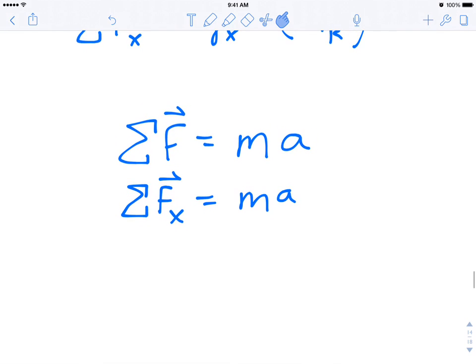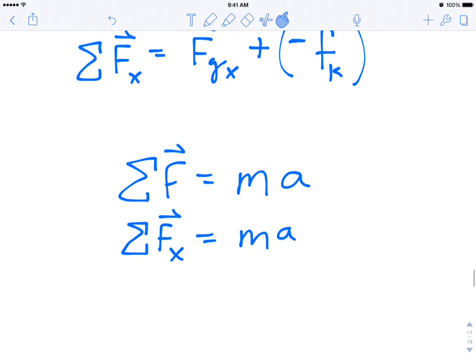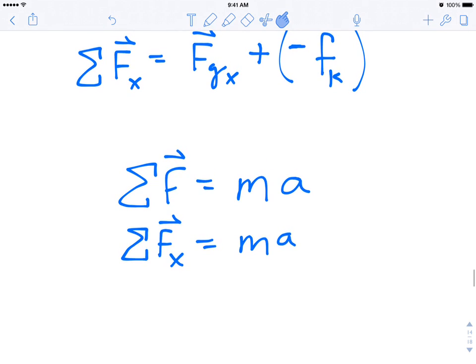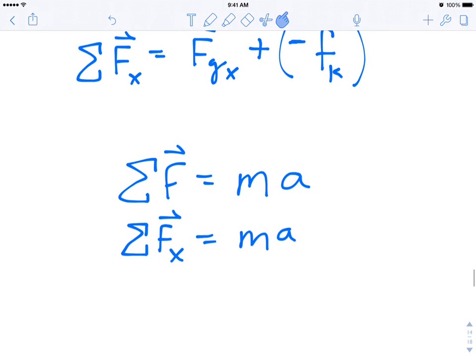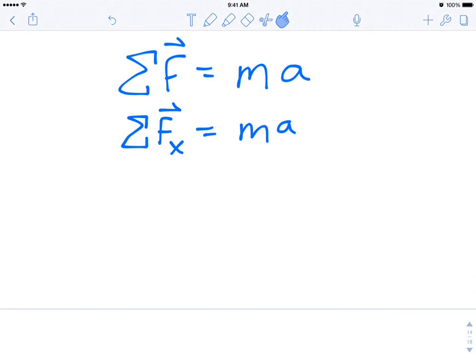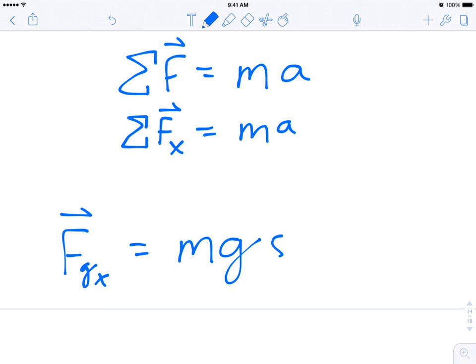Going back to what we had done earlier, I can solve for both force of gravity on my x-axis and the kinetic friction force using physics formulas. Previously, we had shown that the force of gravity on the x-axis would be equal to m times g times the sine of theta.